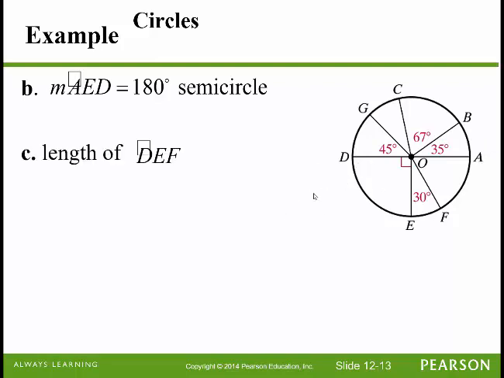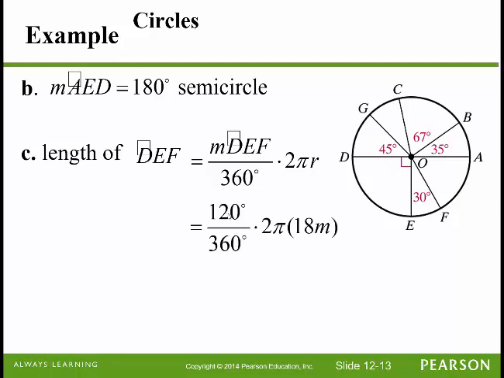And then finally, the measure of arc DEF right here, well, it's 90, and then I have this 30-degree angle on top of that. But remember, here I want the length, which is different from the measure. I know that seems weird, but the length. So I've got to get the measure first. That's going to be 120 degrees. Then I'm going to divide that by 360 degrees, times 2 pi times the radius.